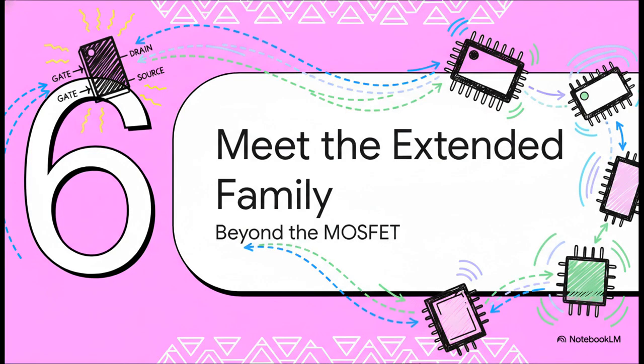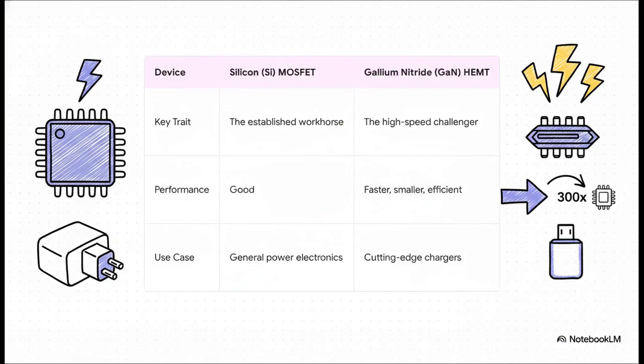Okay, so the regular old silicon MOSFET we've been talking about, it's the undisputed king, the workhorse of the entire industry. But as we keep pushing for more speed and more efficiency, it's starting to meet some serious competition from its high-tech relatives. So let's meet the new kid on the block, gallium nitride, or GaN for short. Now, these devices work kind of like MOSFETs, but their performance is just stunning.